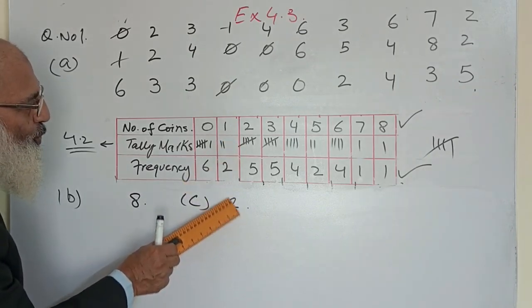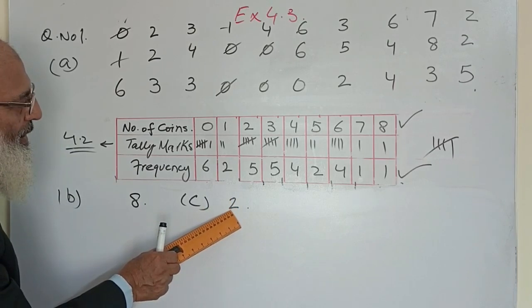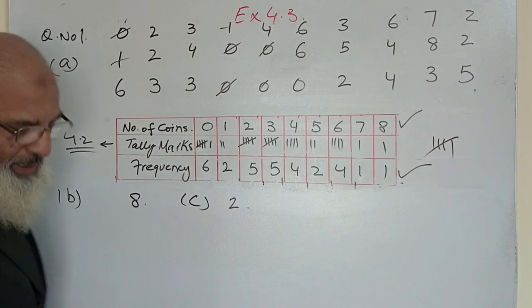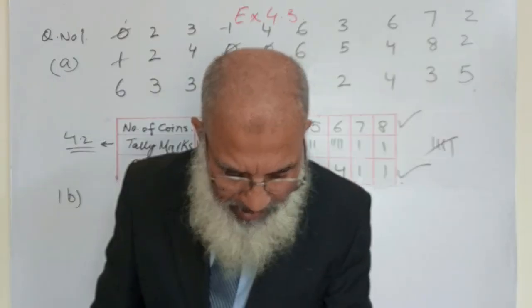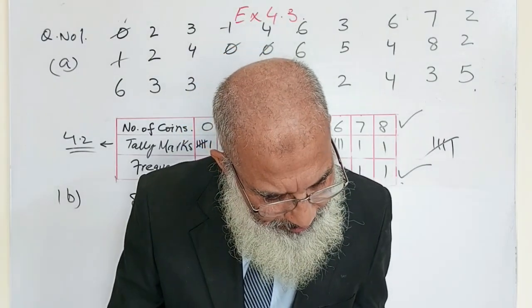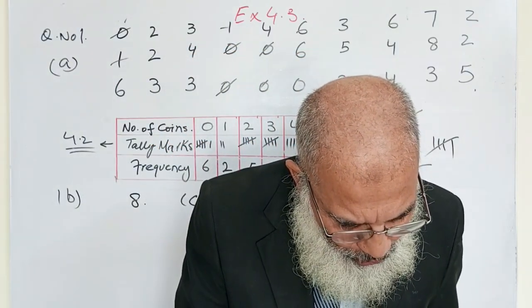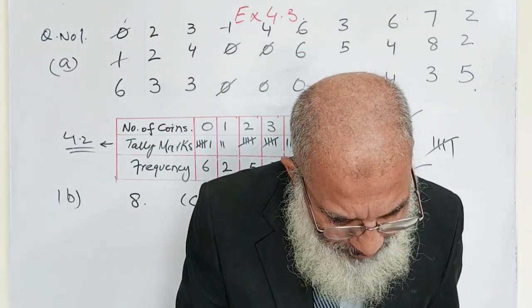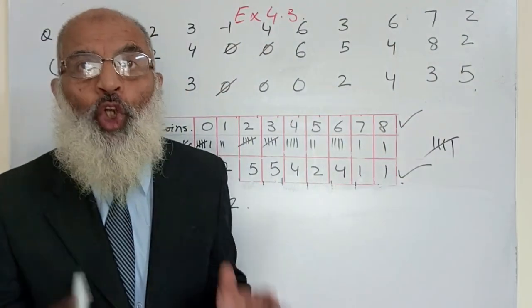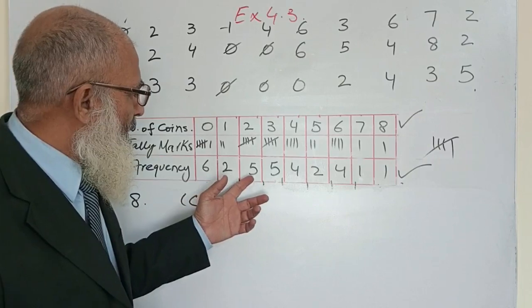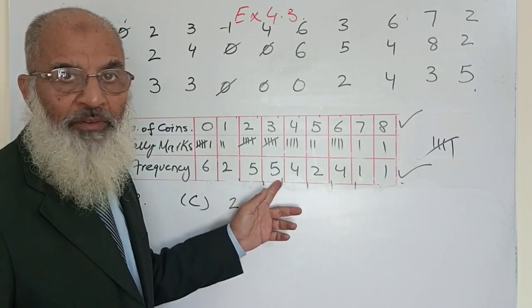There are 2 students who have one coin each. So this question is done, and the last question, no, there are 2 more parts. What is the most common number of coins that people had on them? Most common number. The most common number is this 5.